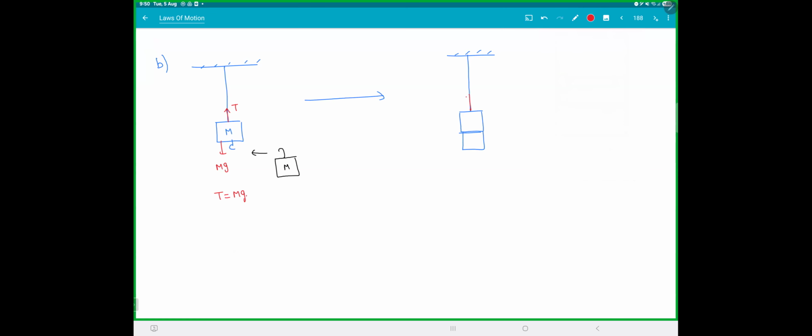The tension will suddenly change to T dash. This will be mg and this will be mg. The acceleration has to be 0 since the string cannot stretch. Tension suddenly becomes 2mg. Tension can change instantaneously. You don't need any time. In zero time it will change.